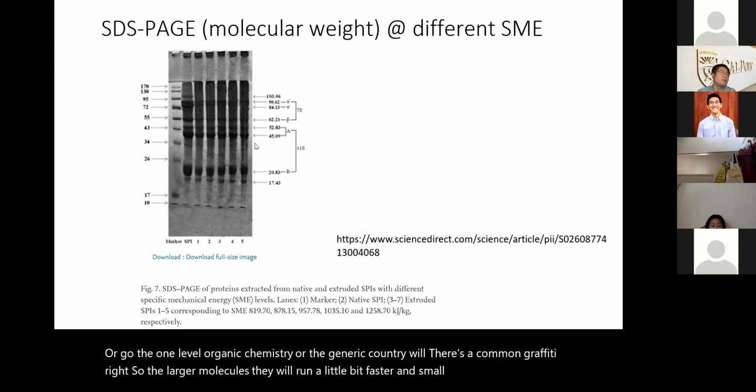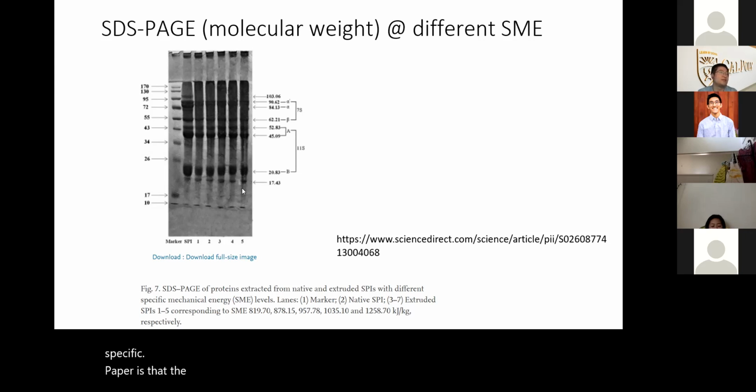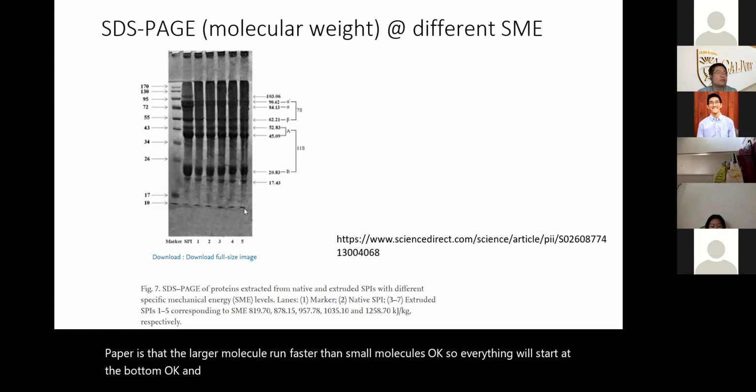In this specific paper, the larger molecules run faster than small molecules. Okay, so everything will start at the bottom, and then there's an electric field that we apply to move the molecules in the other direction. And the higher it reaches, the larger the molecule is.